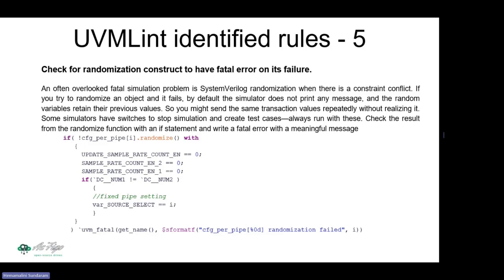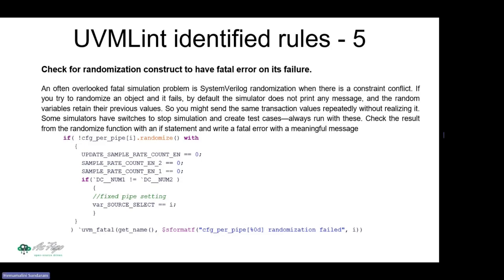So whenever there's a constraint conflict, there is a fatal error which is being overlooked. If you try to randomize an object and it fails, by default, the simulator does not print any message. And the random variables retain their previous values. So you might send the same transaction values repeatedly without realizing it.